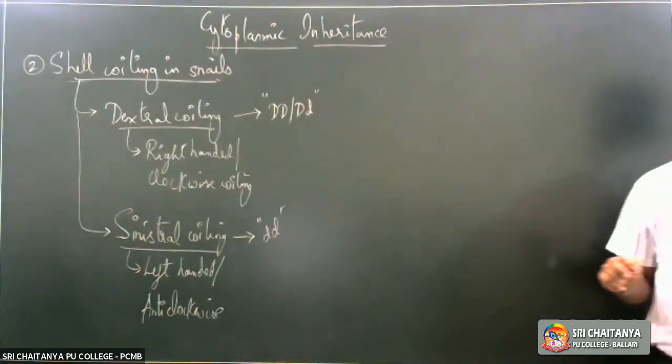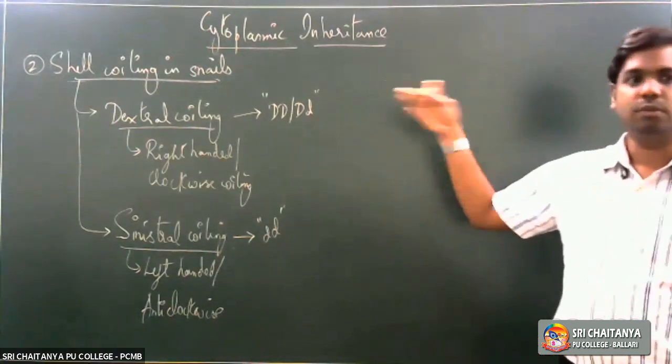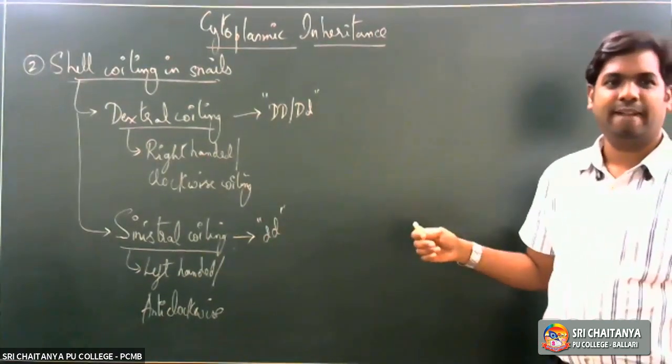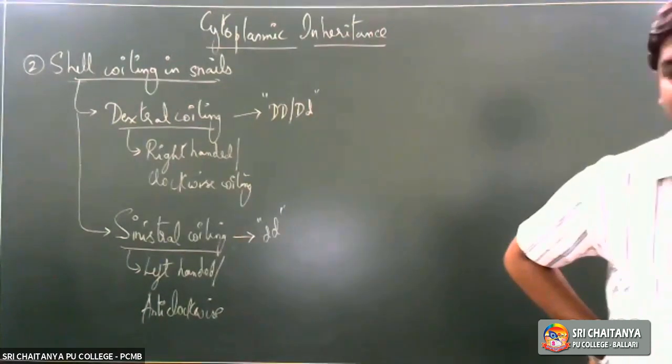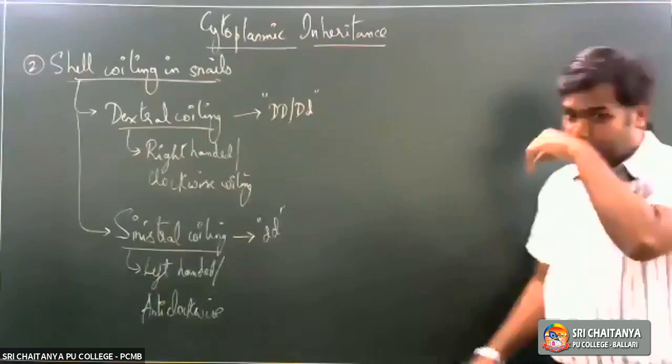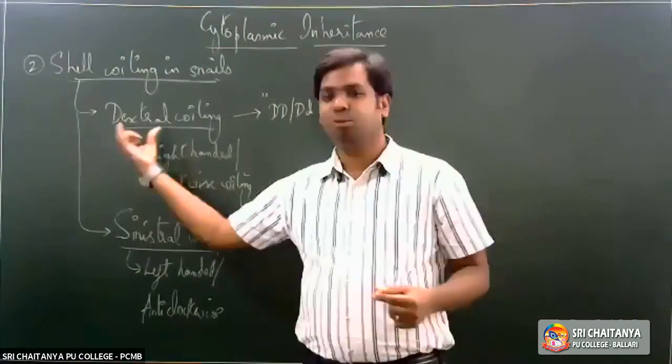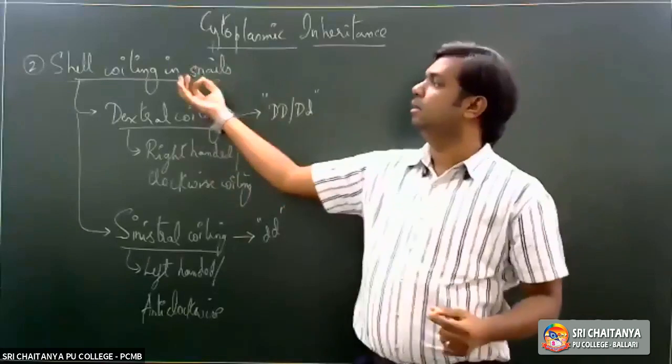Dominant trait, dextral coiling is a dominant trait, whereas... Okay, so we were actually talking about these types of coiling in case of snails.